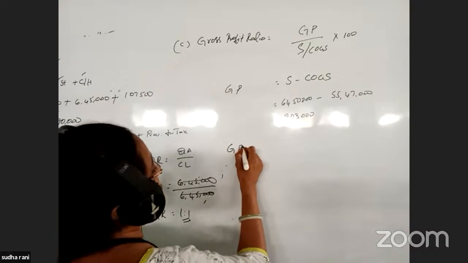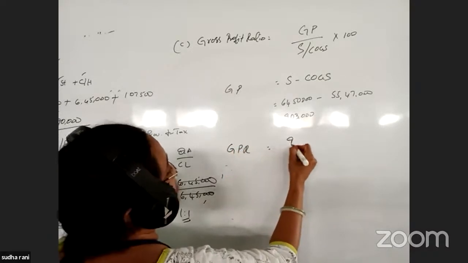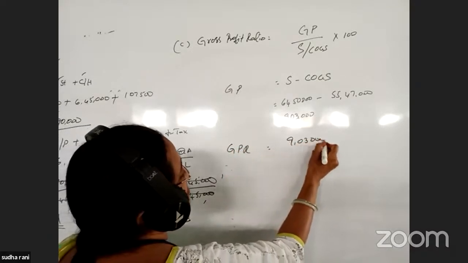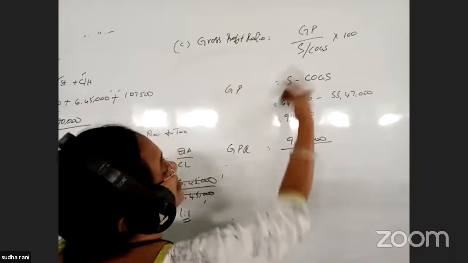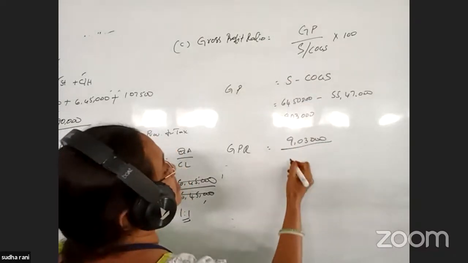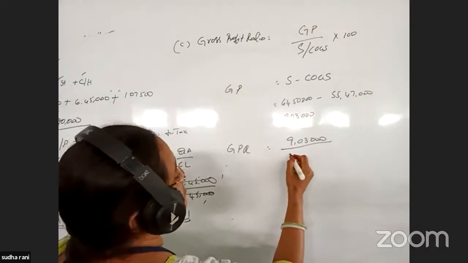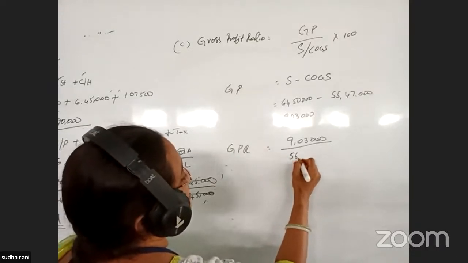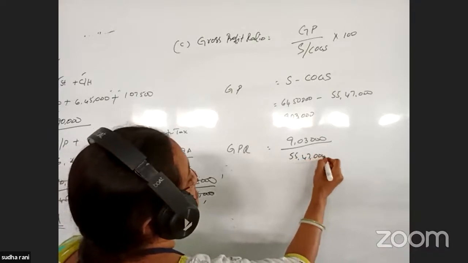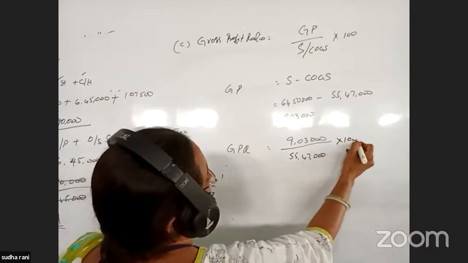Now gross profit ratio equals 9,03,000 divided by sales. You can take sales or cost of goods sold. Here we will take cost of goods sold. Cost of goods sold is how much? 55,47,000, into 100.